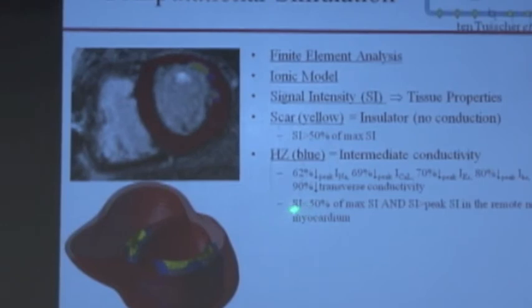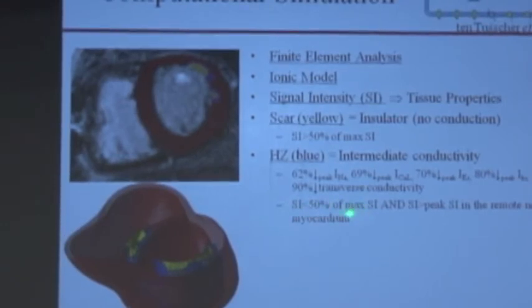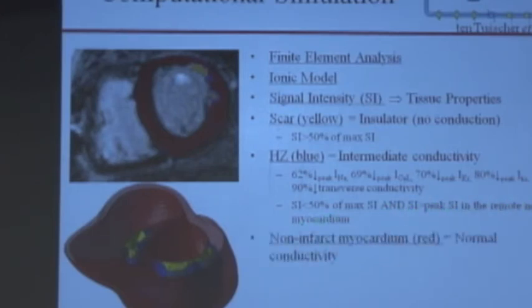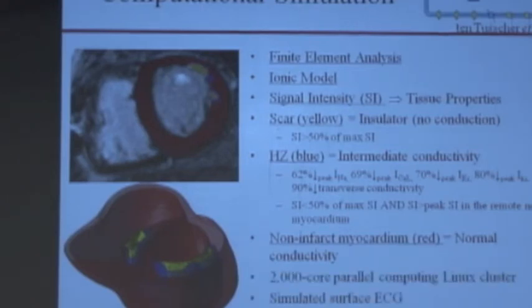In this zone, the signal intensity was less than 50% of the max and greater than the signal intensity of the remote myocardium. And then the non-infarcted myocardium, colorized in red here, was given normal conductivity. There was a Linux cluster and simulated surface ECG, and they were blinded to the ablation results.